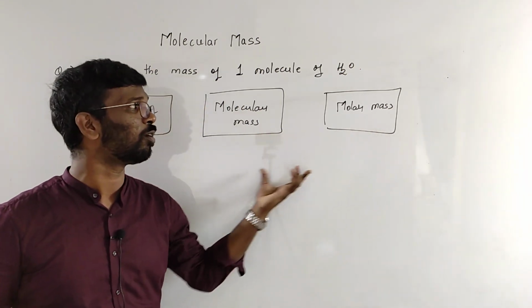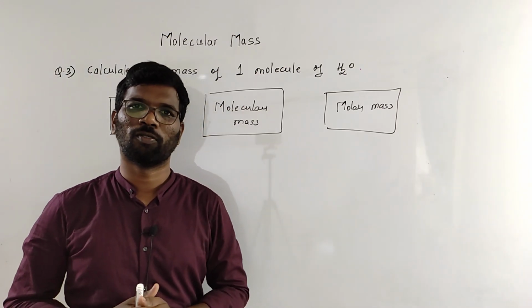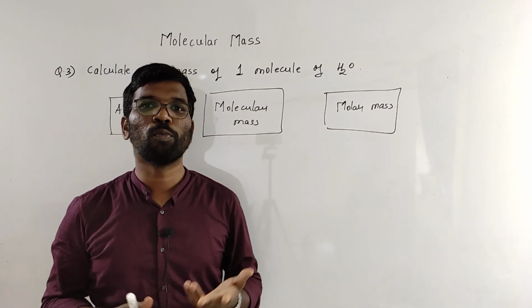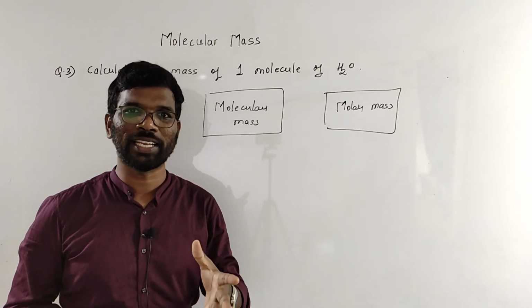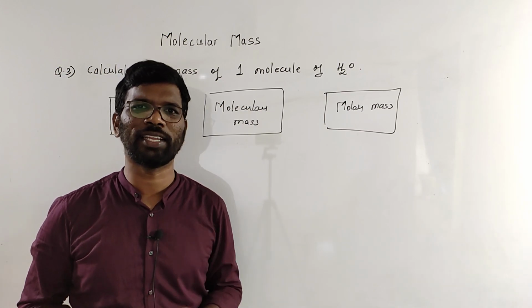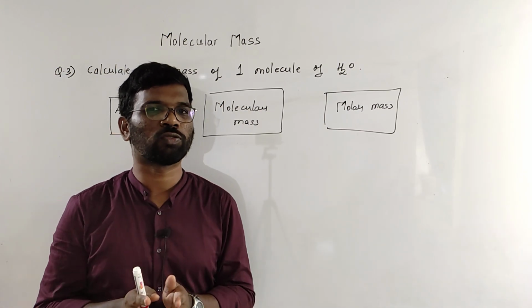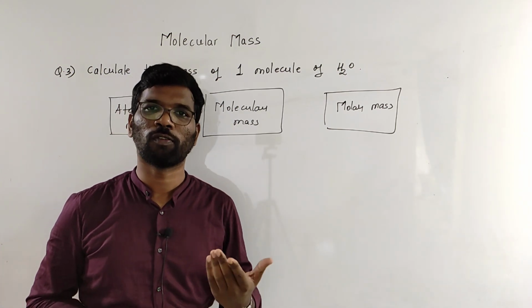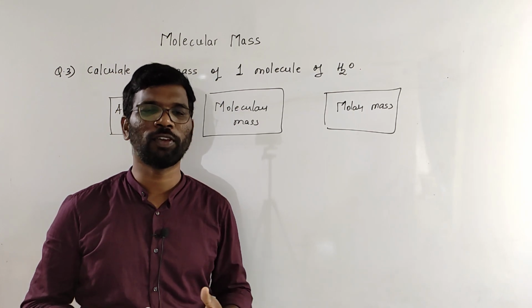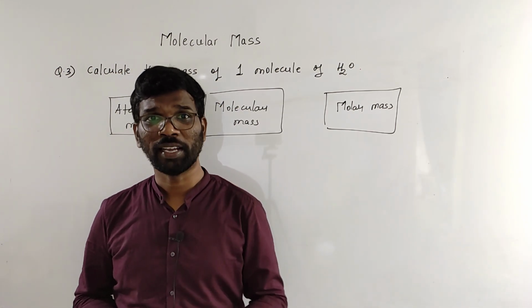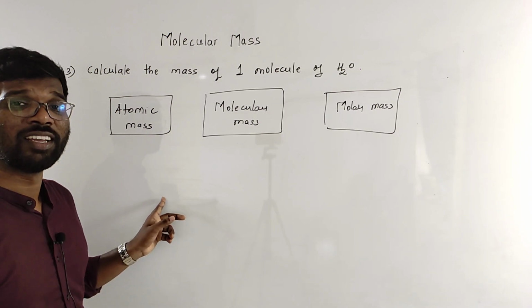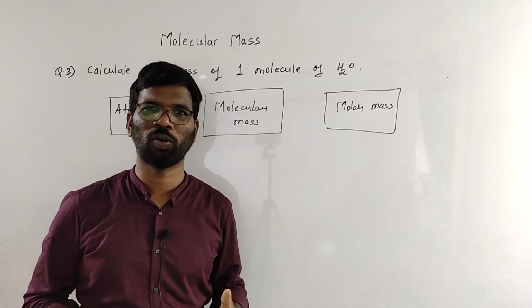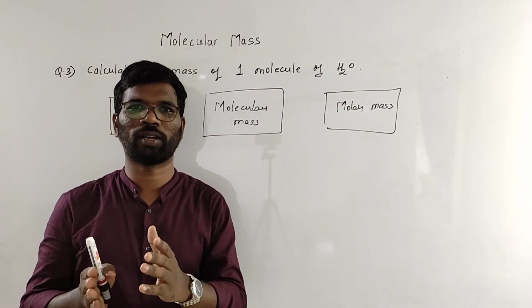Even for molecular mass and molar mass, both the words can be used interchangeably. Instead of saying the molecular mass of water is 18 gram, I can say the molar mass of water is 18 gram. Instead of saying the molecular mass of H2SO4, I can say the molar mass of H2SO4 is 98. But if I say the atomic mass of H2O, that is wrong, because H2O is not an atom.